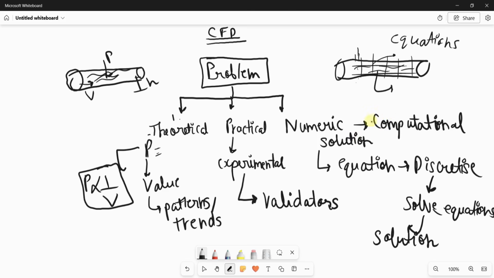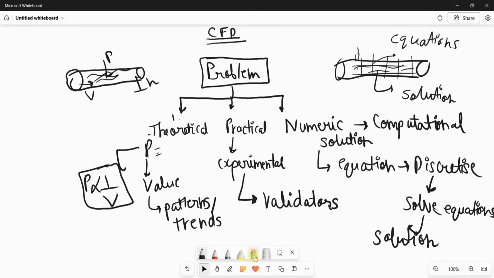That means you make the equations simpler in form. If you have partial derivatives, you convert them into forms that can be solved using linear equations or simpler equations in short. Then you approach a solution that converges. That is how you find pressure or velocity or any parameter across each of them, right?